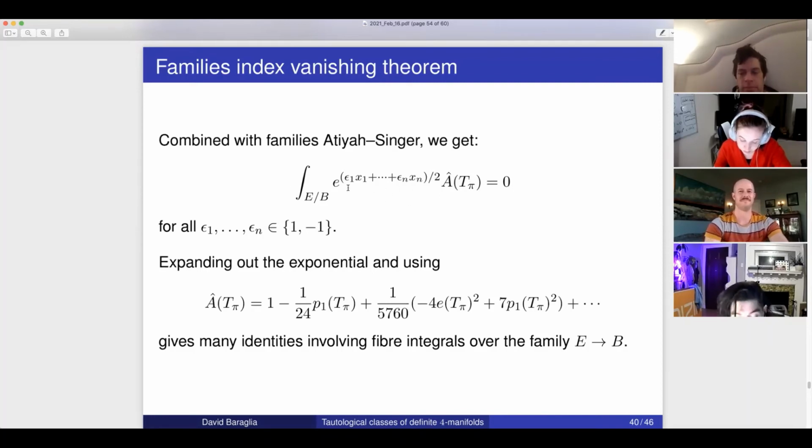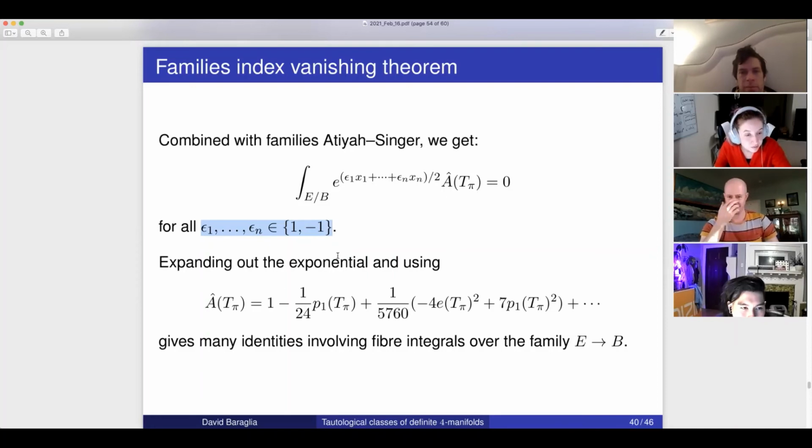So then if you expand out this exponential and integrate all the terms, you'll get a whole bunch of integrals that have to equal 0. A key point I want to highlight is that this relation for a single spin C structure doesn't tell you very much, but the fact that we can choose these epsilons to be plus or minus 1, so we get 2 to the n choices, means we actually get a lot of relations that way.